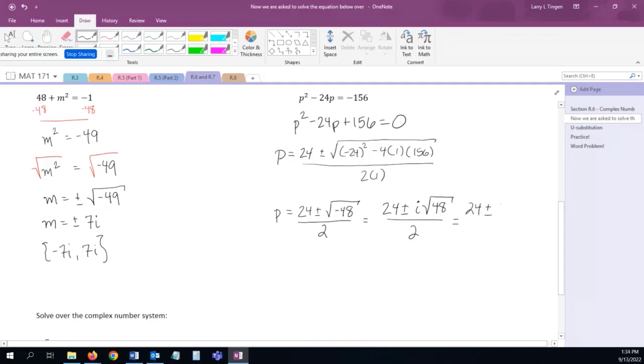And which means that 16 times 3, 16 is a perfect square. Square root of 16 is 4. And can I do any more with that? And we need to see what in the world just happened there.